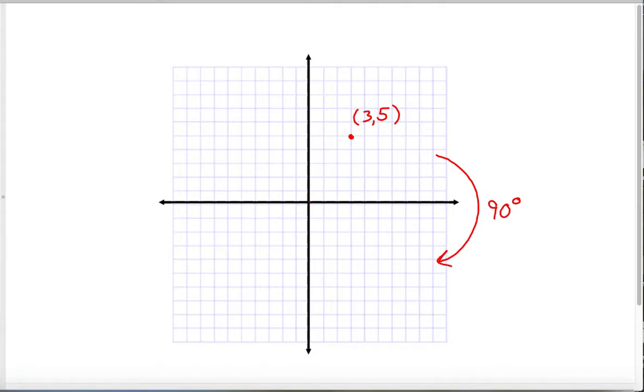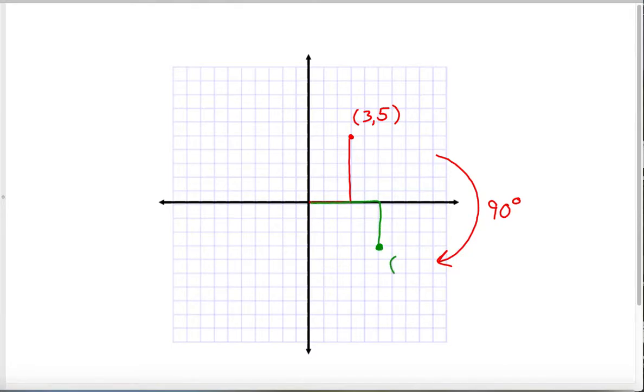To get to that point from the origin, I had to go 3 in the x and then 5 in the y. So I'm going to reverse that order, and I'm going to go 5 first and then 3. And I know I'm supposed to wind up somewhere down here. That's why I don't worry about the plus and minus that much. I just know what section I'm headed to, and I count 5 and then 3. And so there's my answer.